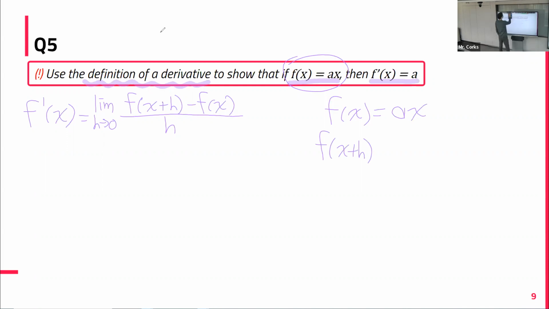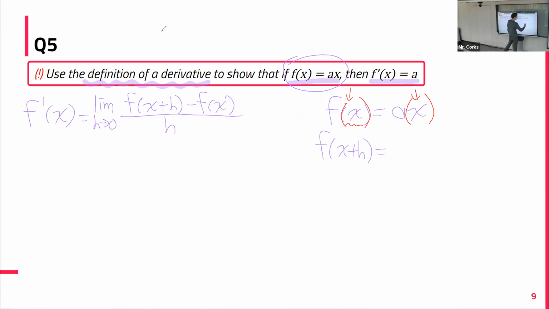For x plus h, the way function notation works is whatever is inside the brackets goes in place of whatever we've written as x. So whatever is inside here just goes inside here instead. Again, that's not derivatives, that's just the basics of function notation.